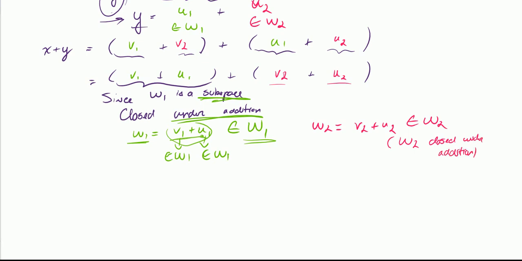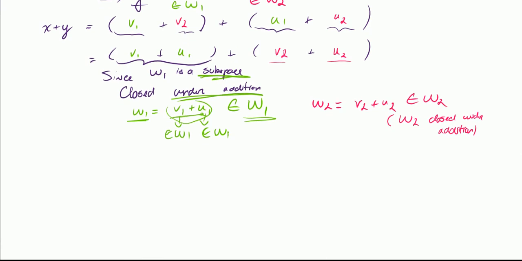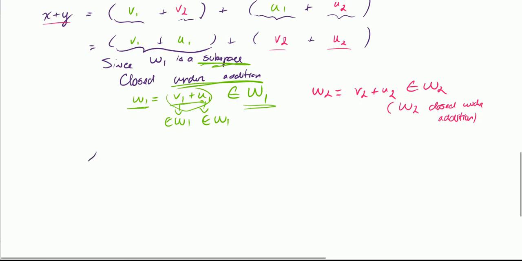So what do I get? Starting from x plus y, I'm going to substitute v1 plus u1 as w1 and v2 plus u2 as w2. So I'll get x plus y is equal to w1 plus w2, where w1 belongs to big W1 and w2 belongs to big W2.